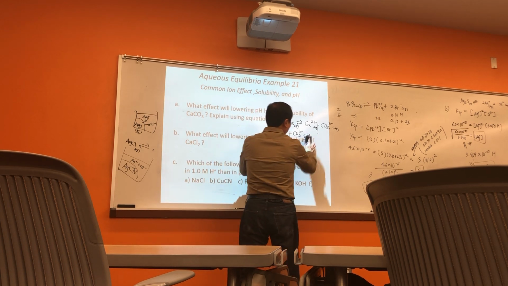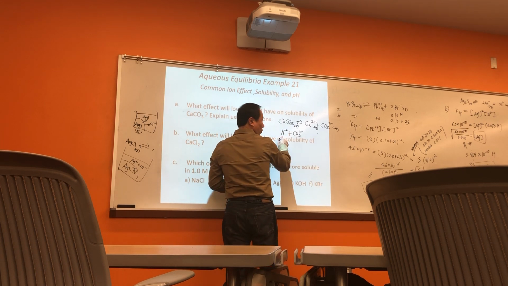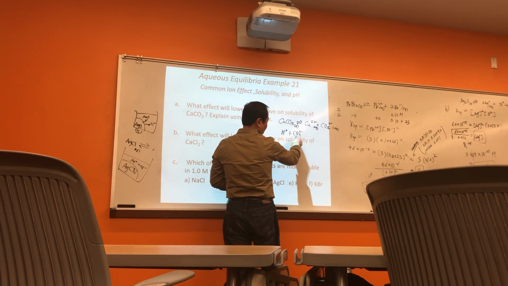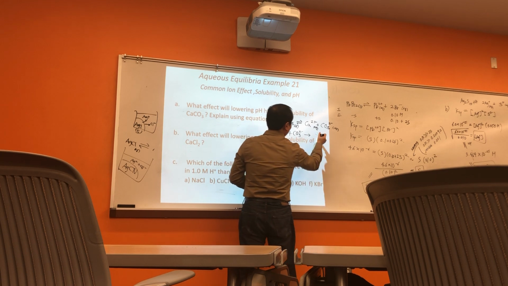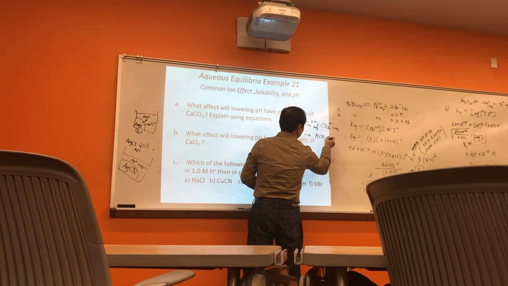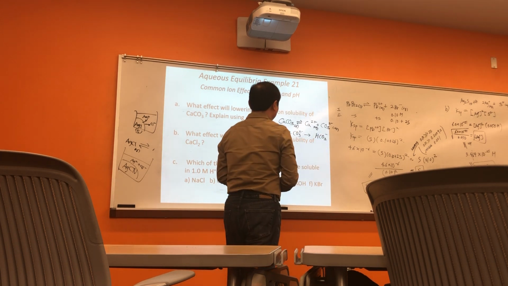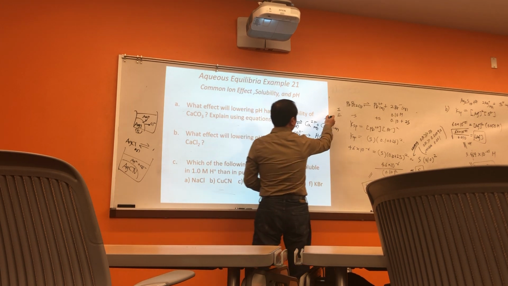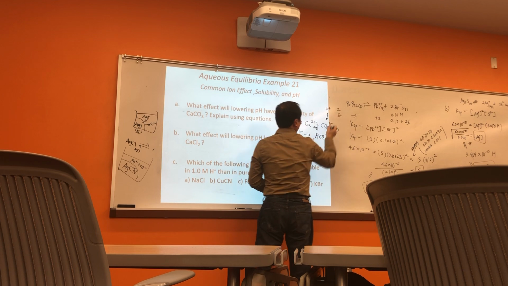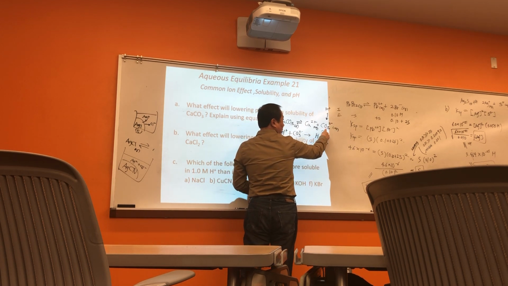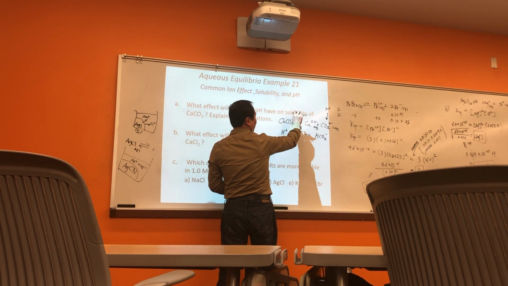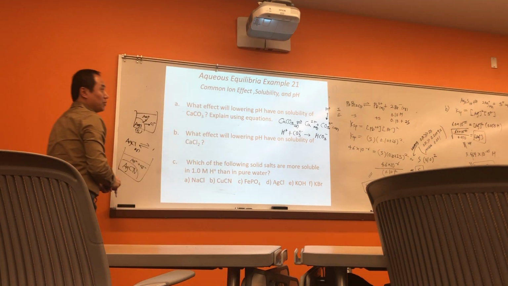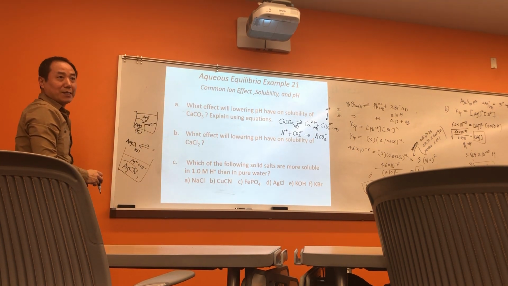That's a single arrow, strong acid with weak base, and it becomes bicarbonate. So adding hydrogen ion will remove this product, so the equilibrium shifts right, which means solubility will increase.